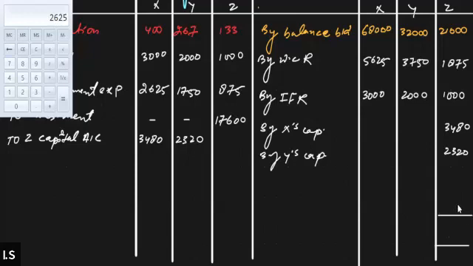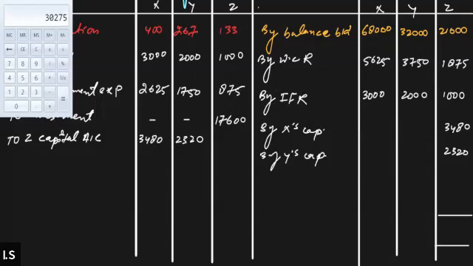Let's first of all total the credit side value. 21600 plus 1875 plus 1000 plus 3480 plus 2320. So the sum total of this will be 30275. That is what I'm getting.